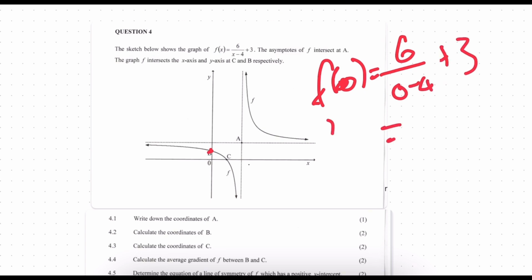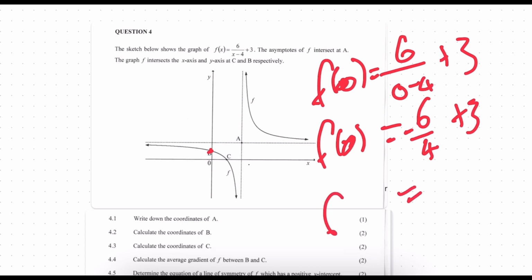That's going to be f at 0 is equal to 6 over minus 4 plus 3. Therefore, f at 0 is equal to 6 divided by 4, which is minus 3 over 2 plus 3.